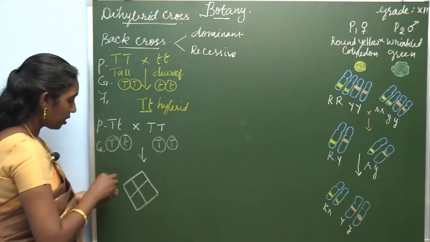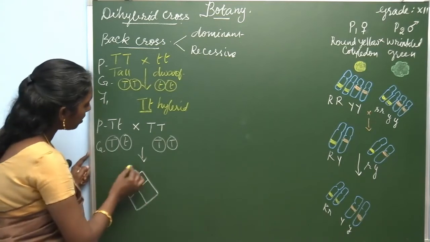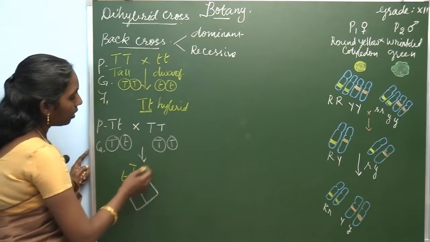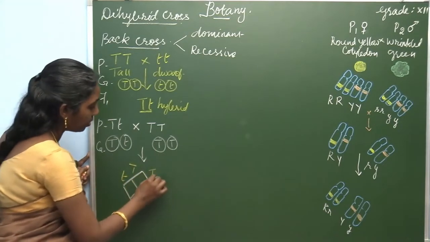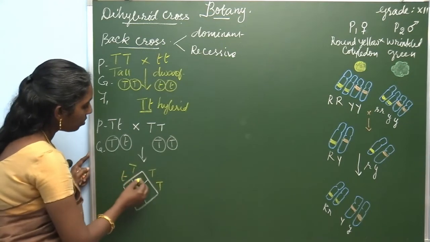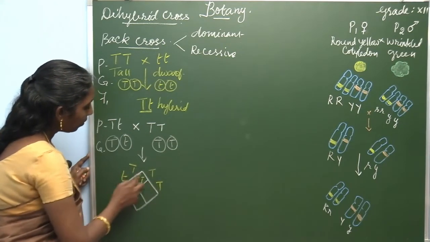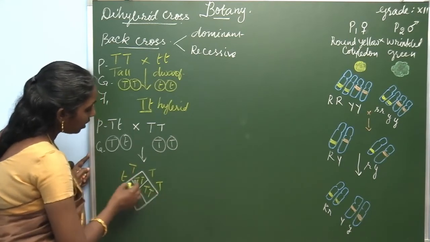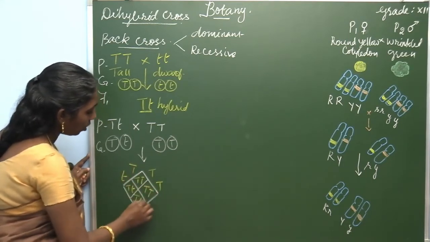Here it contains two different gametes, capital T and small t, but here only capital T. So, when you make a cross, it gives capital T capital T, capital T small t, capital T capital T, capital T small t.